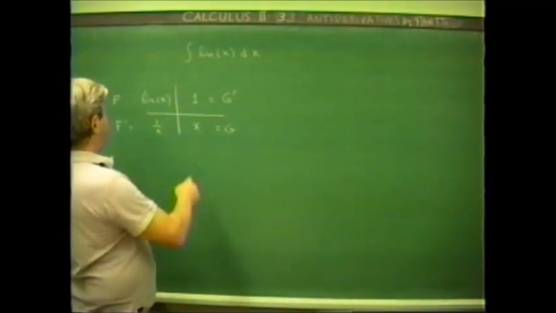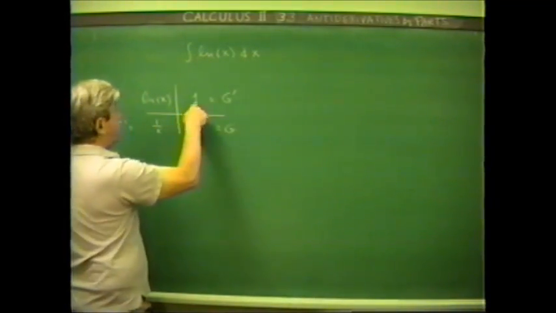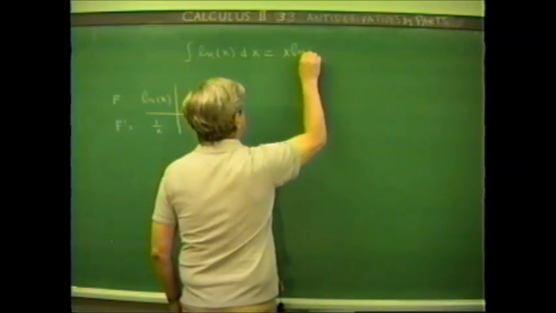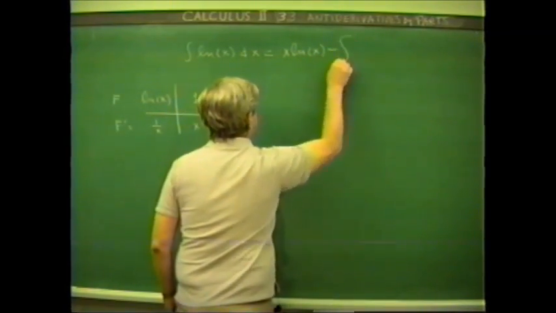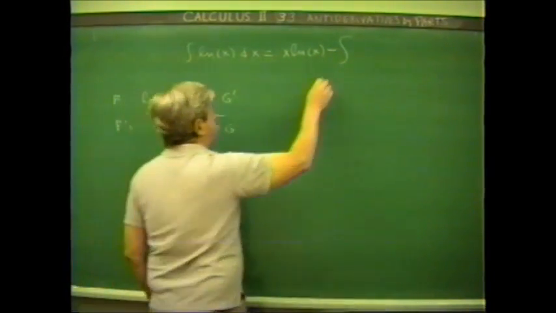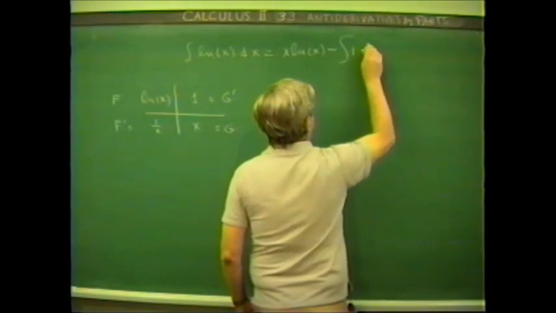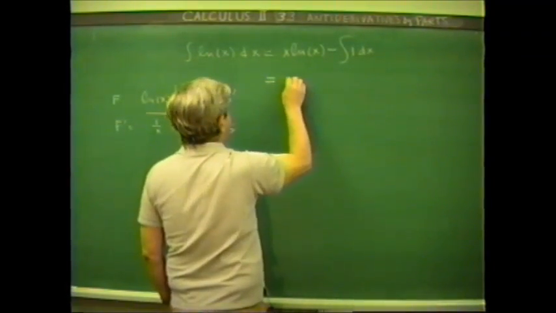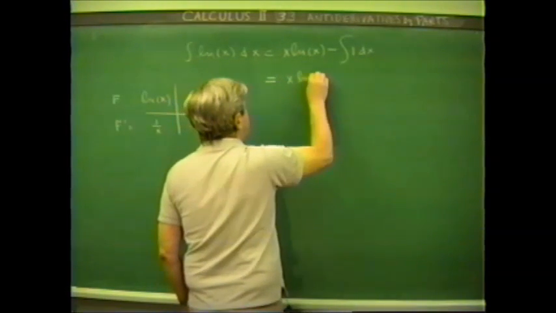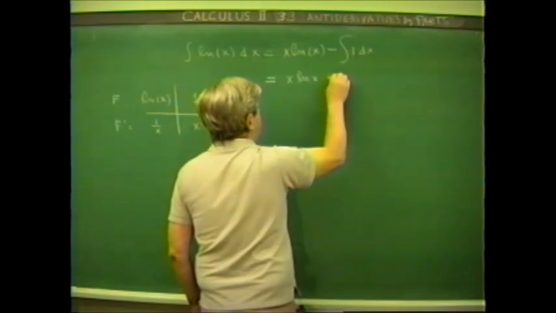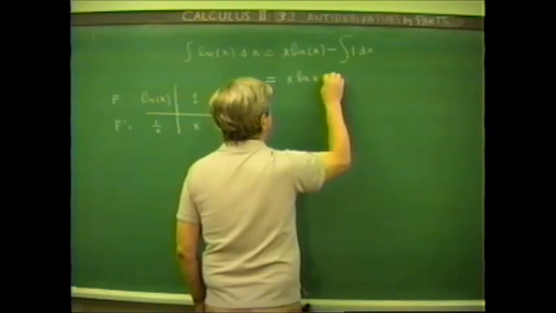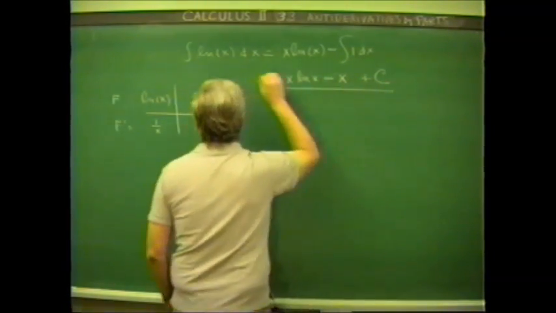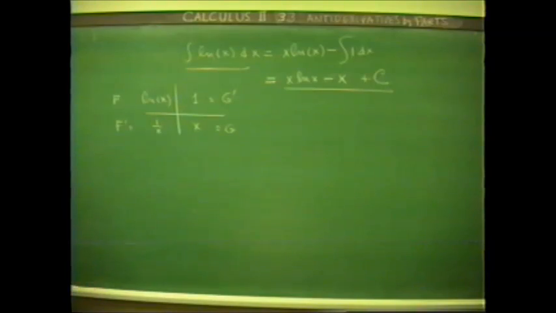We then find that the antiderivative of ln of x is equal to x ln of x minus the antiderivative of the bottom line here, which is 1 with respect to x, so that we get the antiderivative of ln of x is x ln x minus x plus any constant. And so there's the formula for the antiderivative of the logarithm.